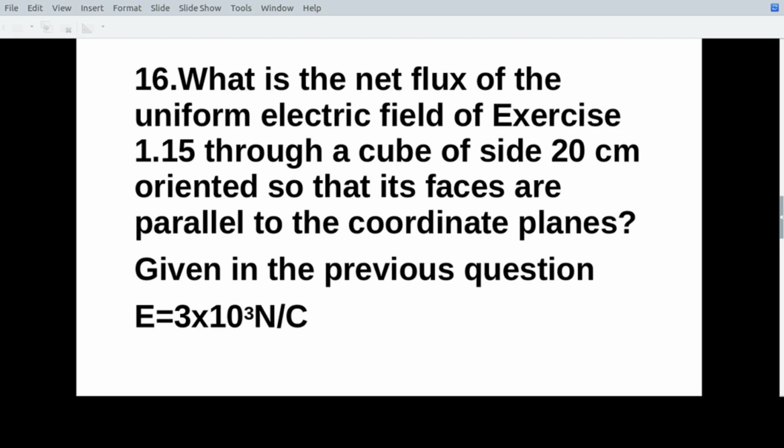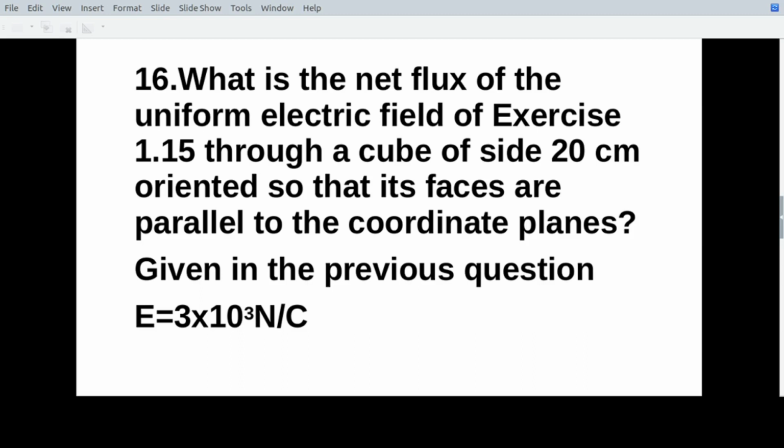Now, question number 16. What is the net flux of the uniform electric field of exercise 15 through a cube of side 20 cm oriented so that its faces are parallel to the coordinate planes? So, you are given E in the previous question. This one is the continuation of that question.